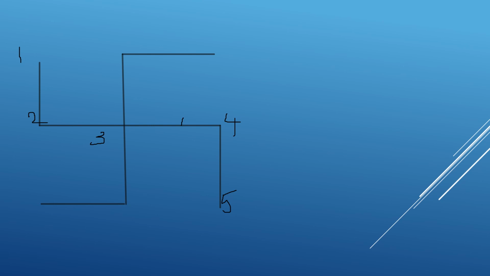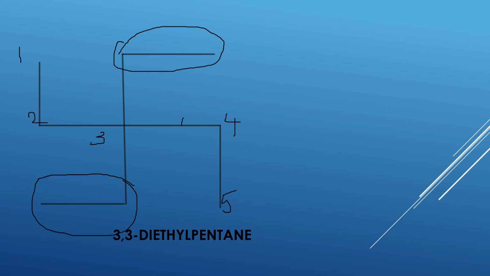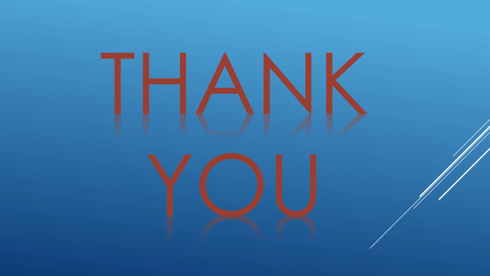And on the third carbon we have this substituent. 2 carbons are there, no? So it is identified as ethyl. So 3,3-diethyl pentane. Okay.